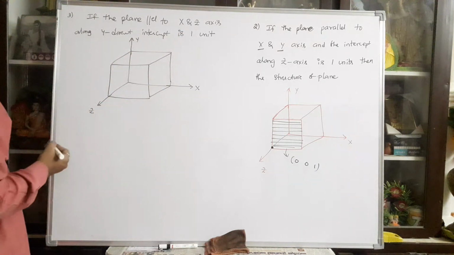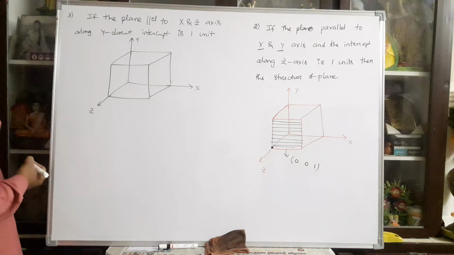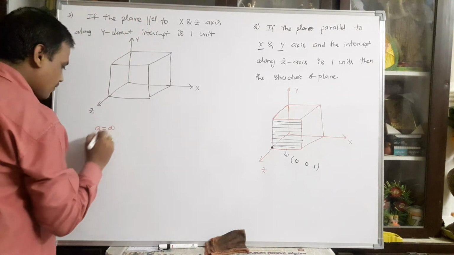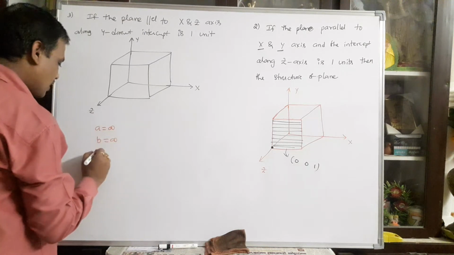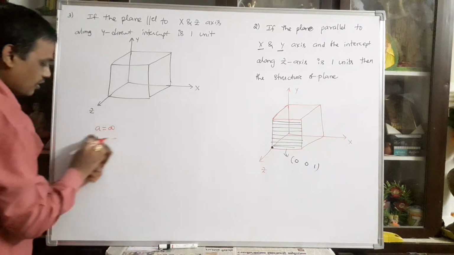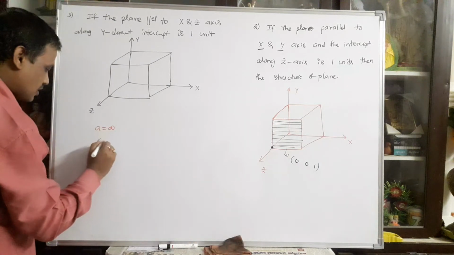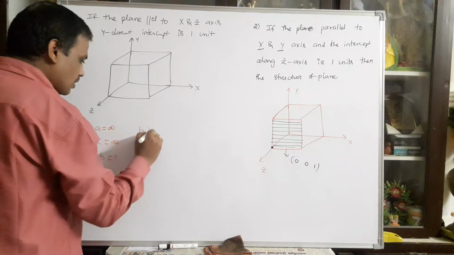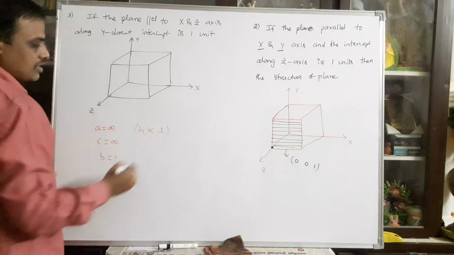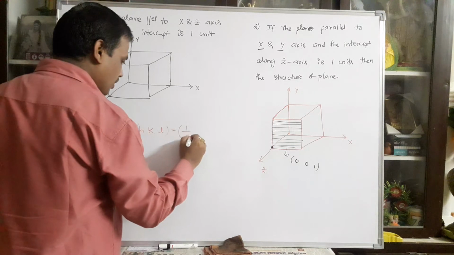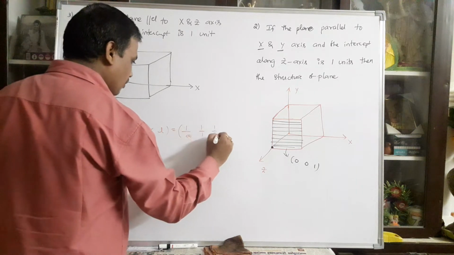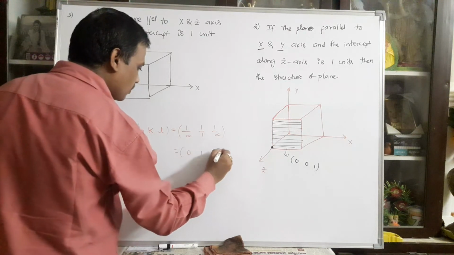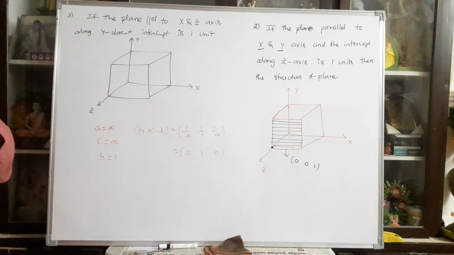Parallel to x and z means their intercepts are infinity: a is equal to infinity, c is equal to infinity, and b is equal to 1. So based on this, Miller indices h, k, l are 1 by infinity, 1 by 1, 1 by infinity. 1 by infinity value is 0, so it is 0 1 0. So the plane is 0 1 0.